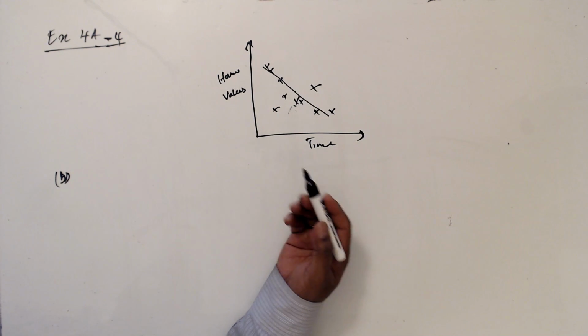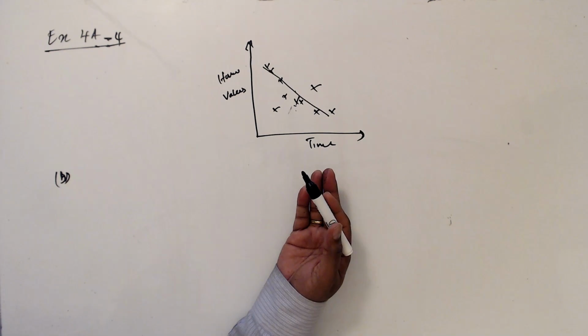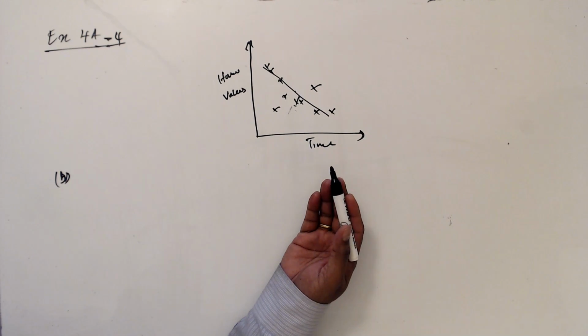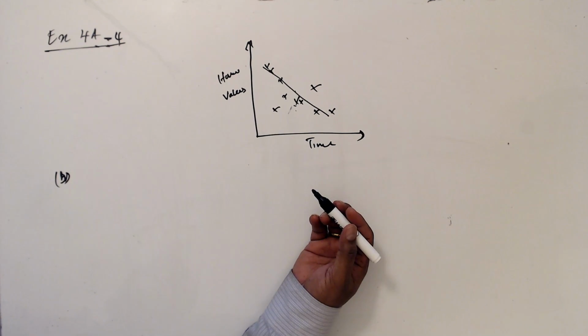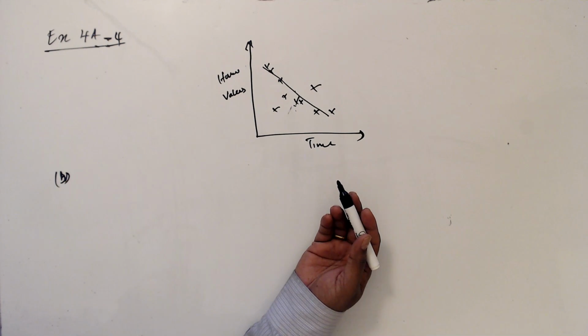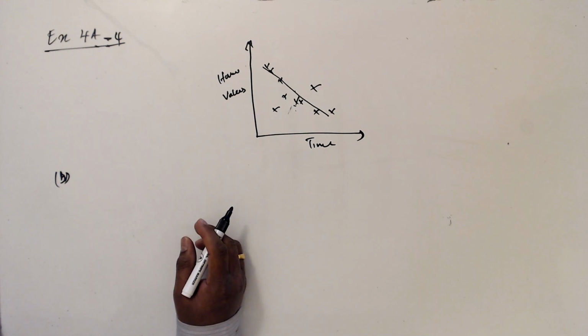Weak means that with an increase or decrease of the explanatory variable, the response variable reacts very slowly. When one variable increases or decreases, the other variable responds very slowly.